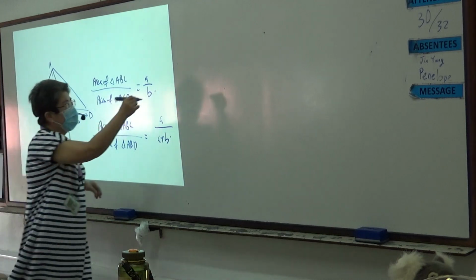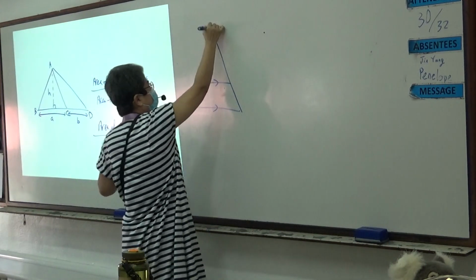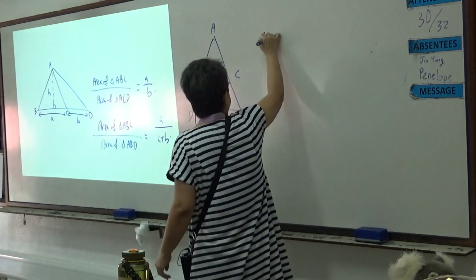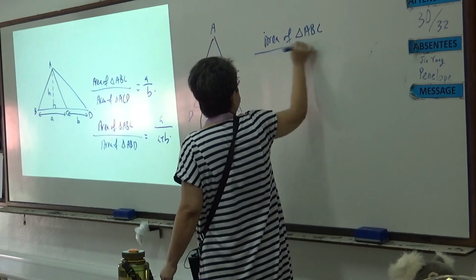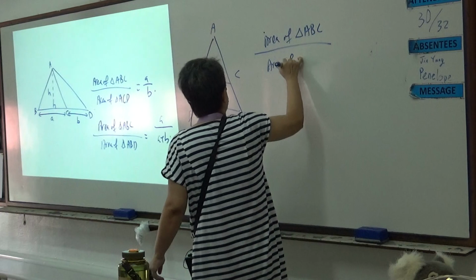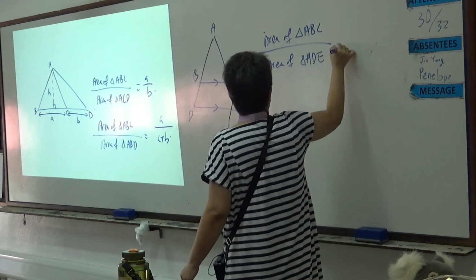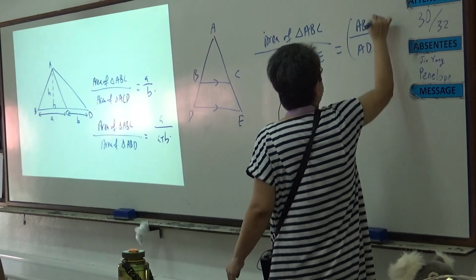Okay, now, let's say I have similar triangles. Area of triangle ABC over area of triangle ADE must be AB over AD whole thing squared.